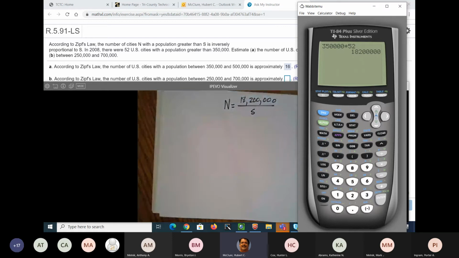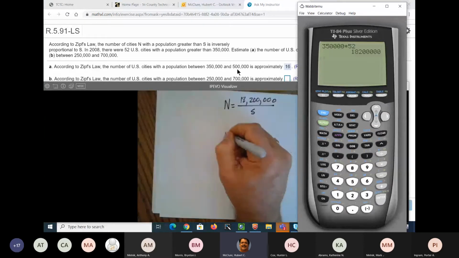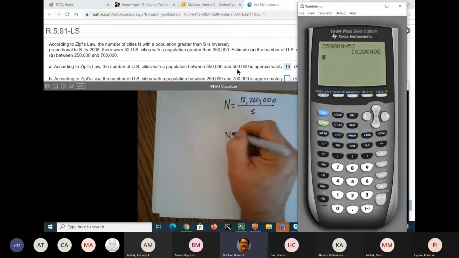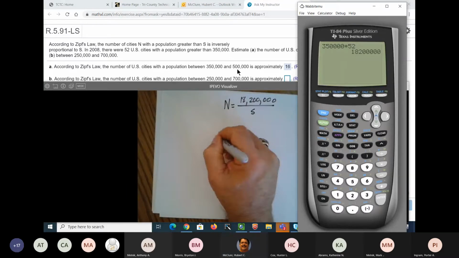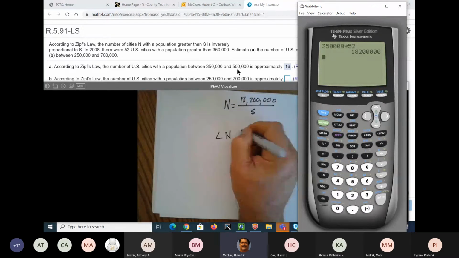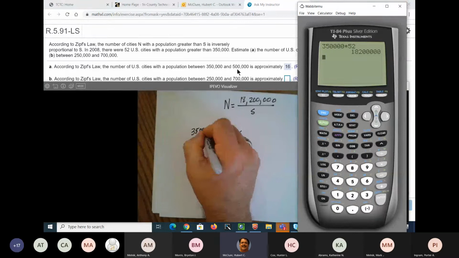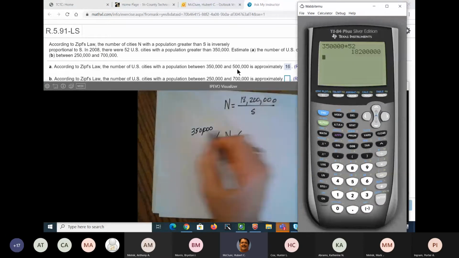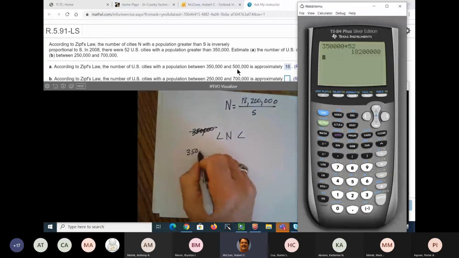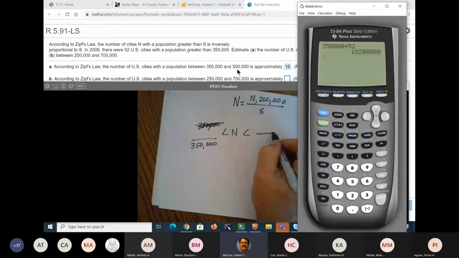according to Zipf's law, the number of cities with population between 350 and 500. So N is between 350,000 and 500,000.